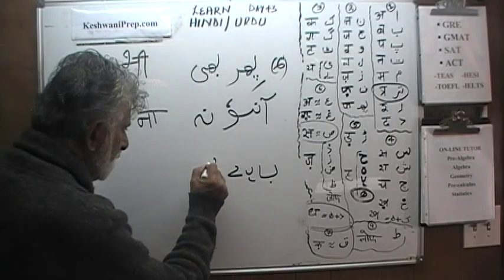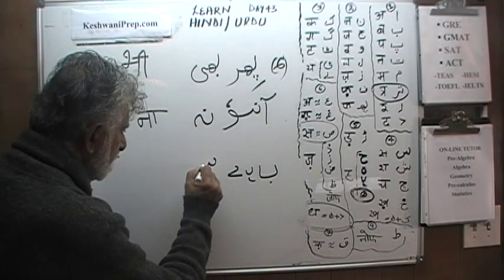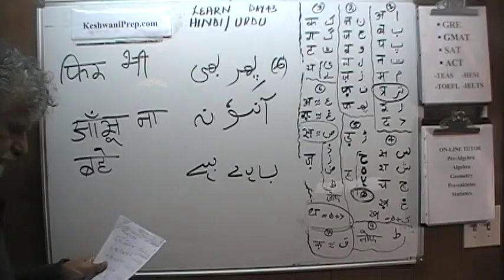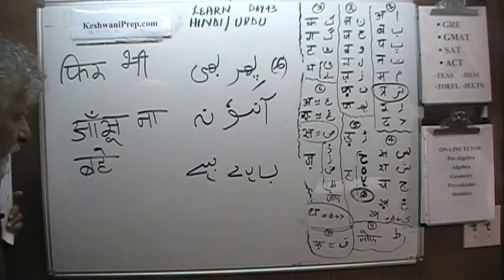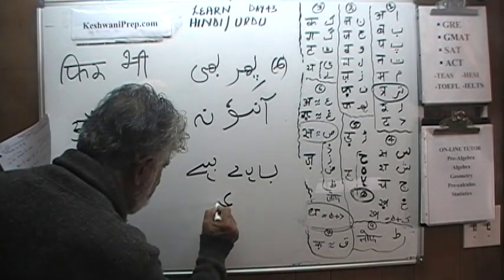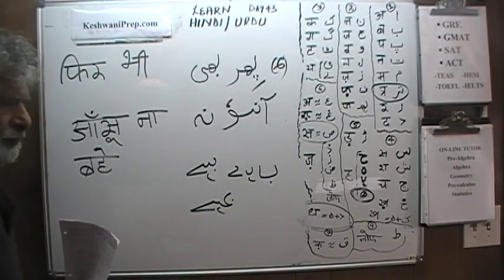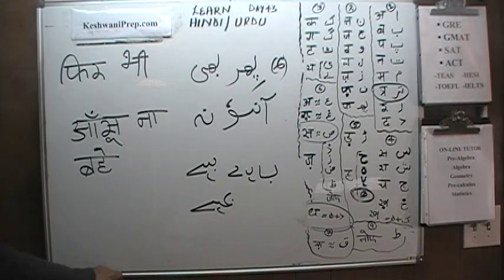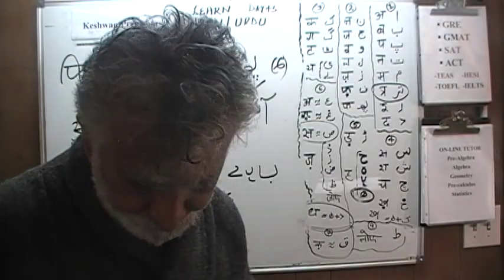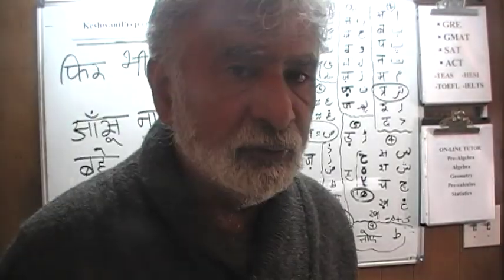Bahe. Or you can write bahe like this. This is a be and bahe. Same thing. Phir bhi aansu na bahe. Bahe means to flow.